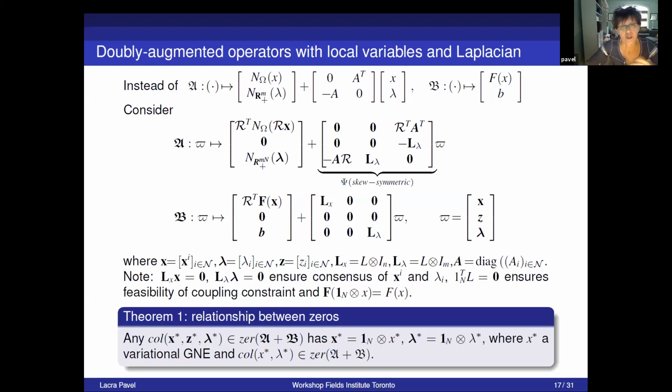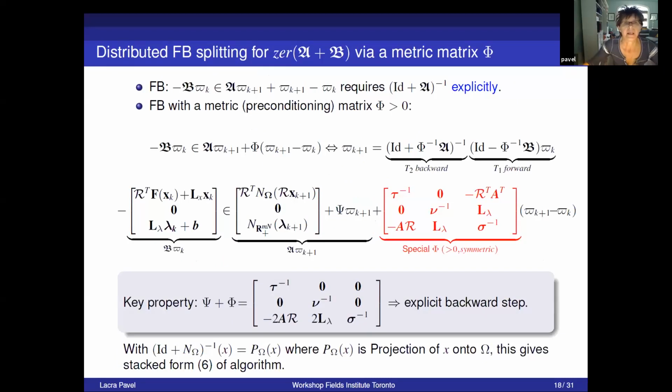Then in terms of actually showing those properties, the first thing is that we're going to introduce a preconditioning matrix, or a metric matrix, that is going to enable one to have distributed operation. And here what I'm going to say is that instead of the normal forward-backward, in which you have here at the top, one requires the resolvent of the operator A to be computed explicitly. Here, I'm going to introduce a matrix phi.